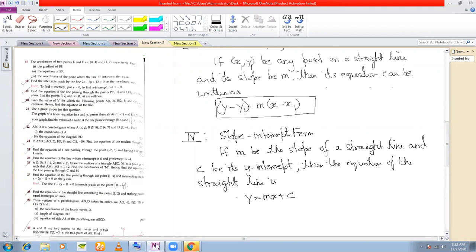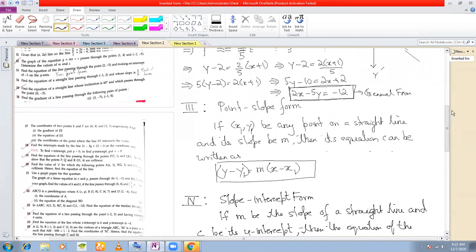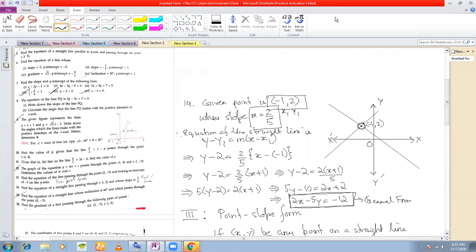Remember the form, please. Very, very important form. y is equal to mx plus c, where c is the y-intercept and m is the slope of a straight line. Let us see one problem here as an example from slope intercept form.